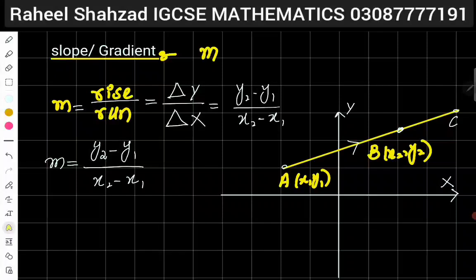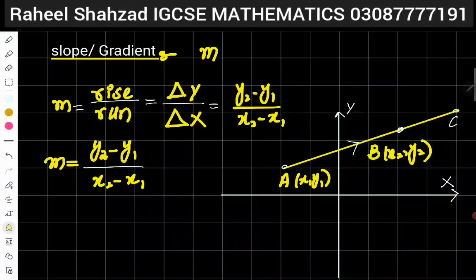But we have not done trigonometry right now. We'll move to trigonometry later on and discuss that there. For now, we just need the difference between y's over the difference between x's. So slope is equal to y2 minus y1 over x2 minus x1.